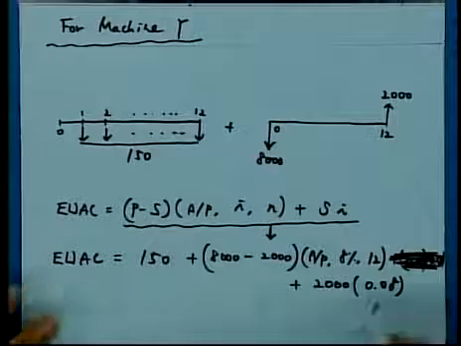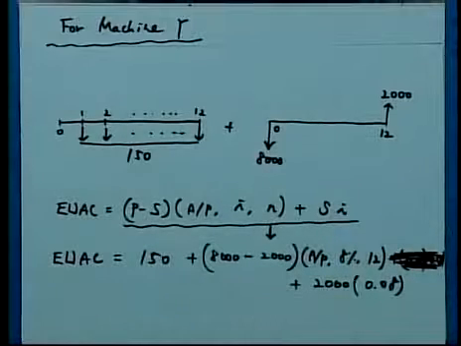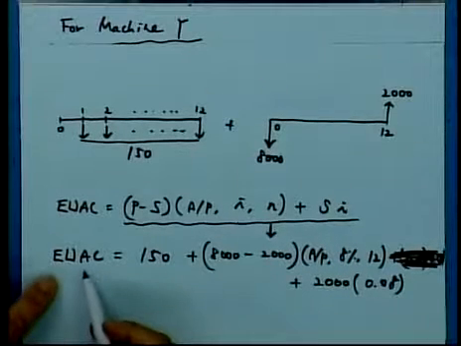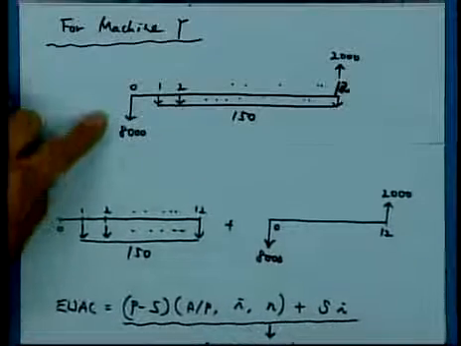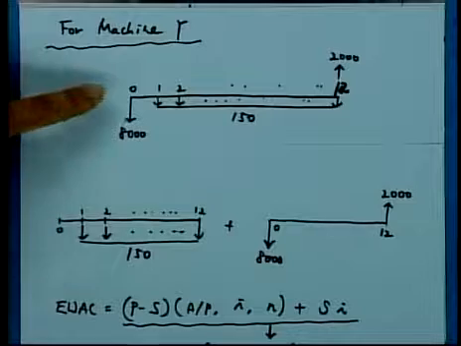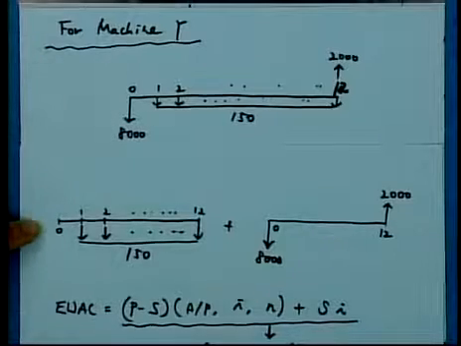Okay? So if you compute this, then it will provide you the equivalent uniform annual cost for machine Y, which is the same as this or this. Okay?